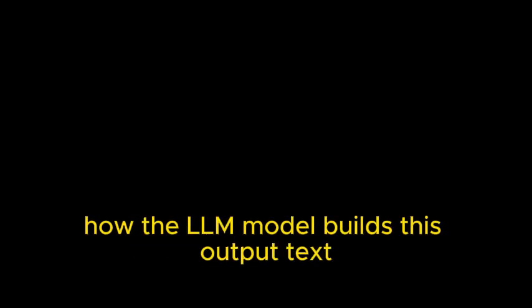This process is known as text completion. For example, the prompt could be "The weather is nice today, so I decided to," and the model output might be "go for a walk." You may be wondering how the LLM builds this output text from the input prompt. As you will see, it's mostly just a question of probabilities.